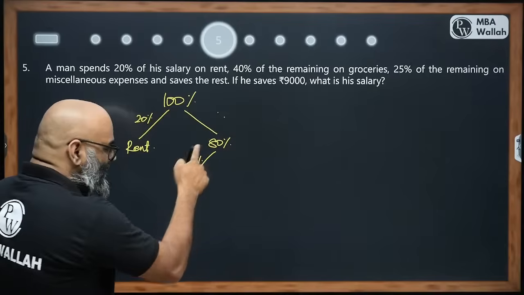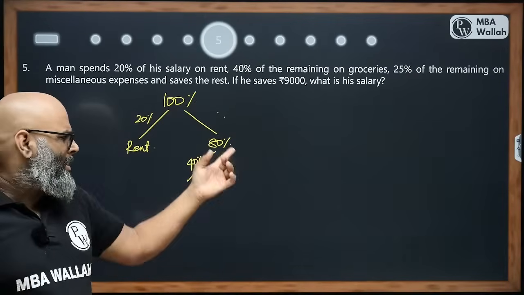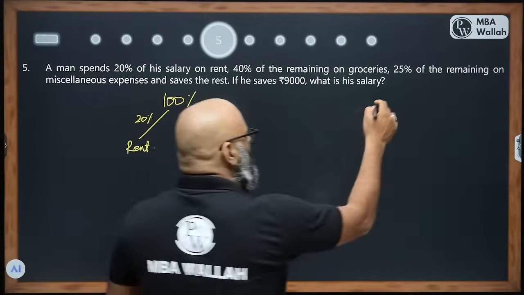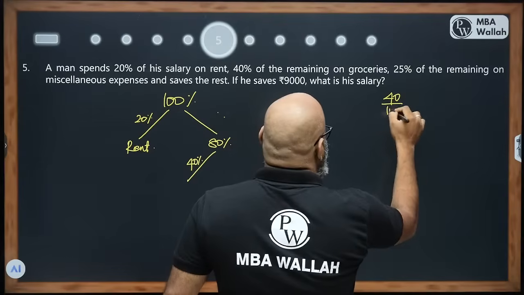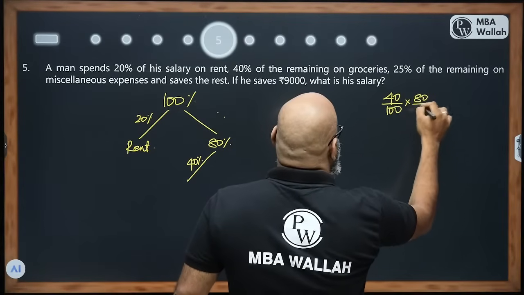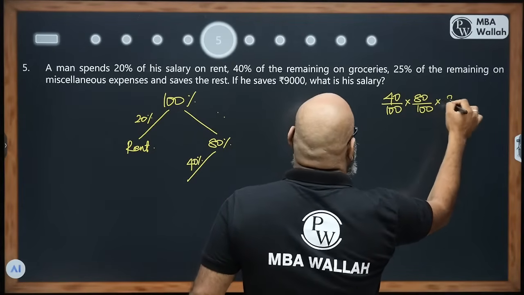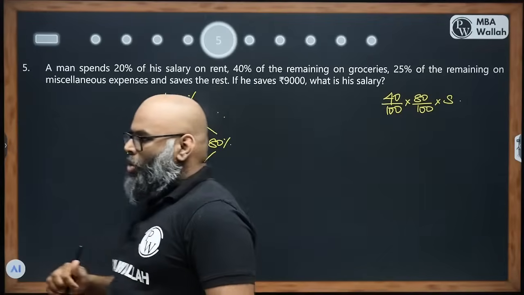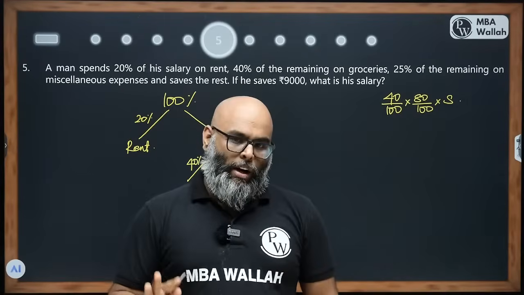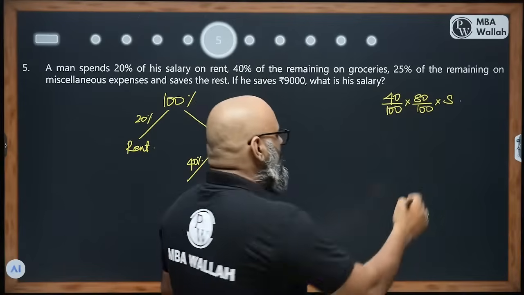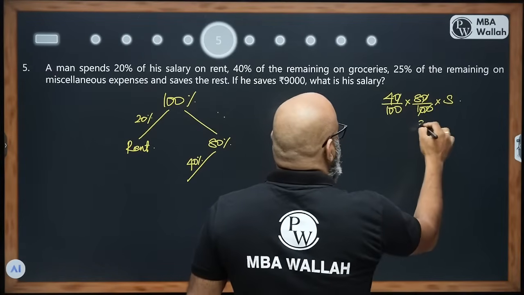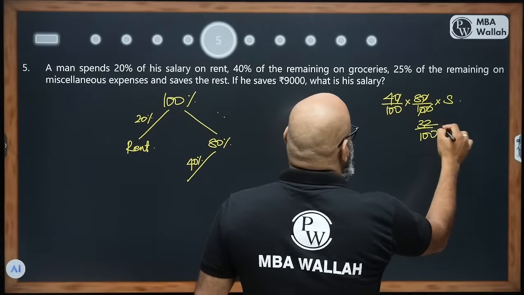What is 40% of this value? Technically you would write 40% of 80% of my salary, right? This is how technically you will write it. You simplify this, you will get 32% of salary.